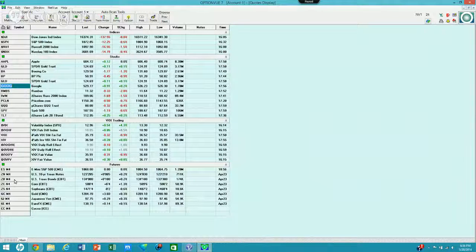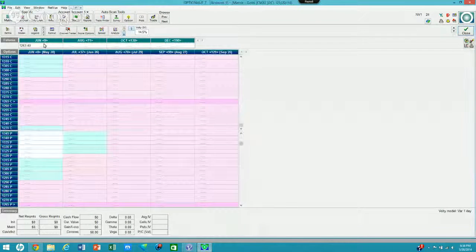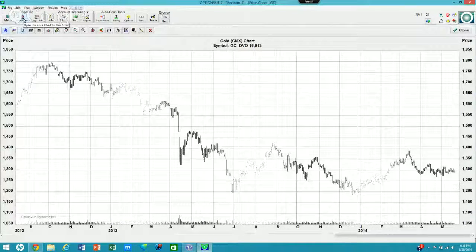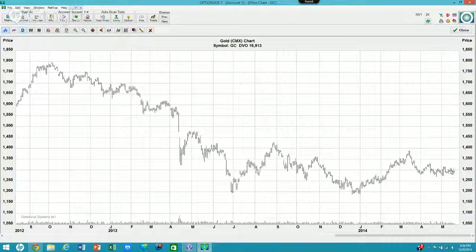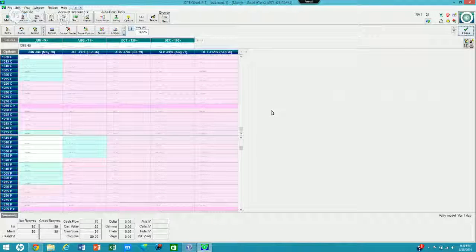Let me see if gold is even chartable. Yeah, it's got a chart. Well, with option quotes, this is kind of not going to work so good.